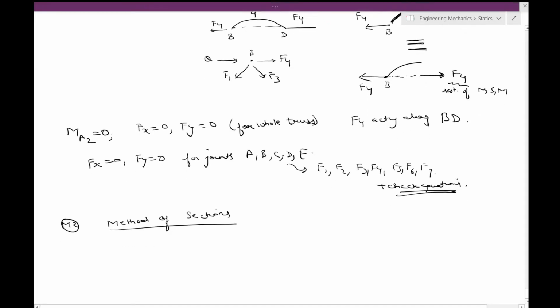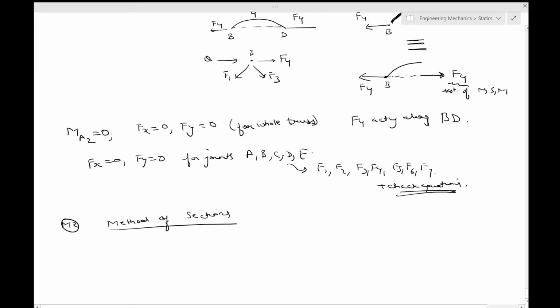Now there is one comment which is mentioned over here about method of joints which you should verify: that for M1 the round-off errors accumulate with each calculation.